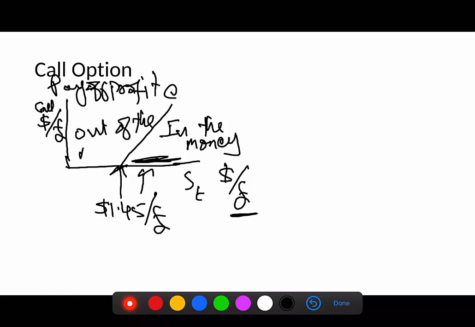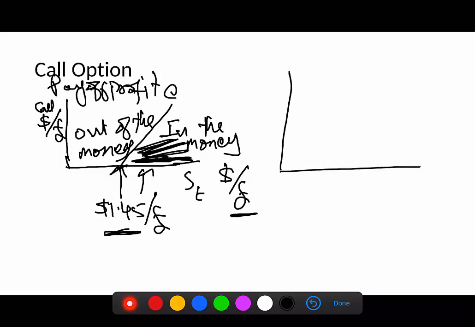When you are out of the money, the buyer of the call option does not exercise. You only exercise when it is over here, because you do not want to buy the underlying pound at the higher spot rate from the foreign exchange market. You will go to the seller of the call option contract and buy each pound at a lower rate, which is 1.45, because that's the strike price or the exercise rate.